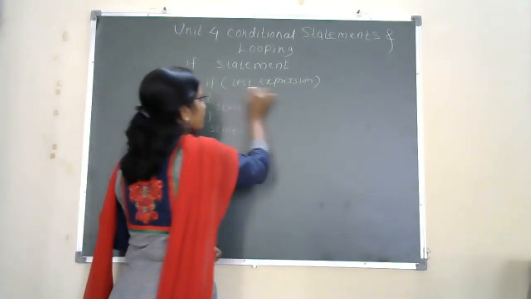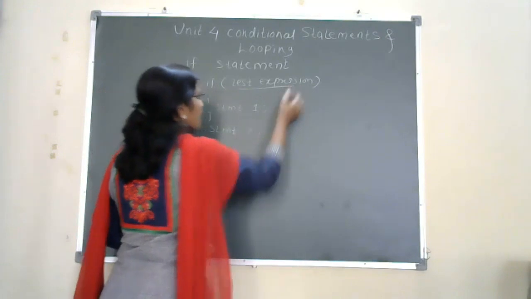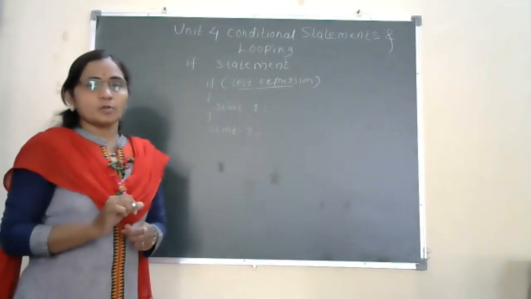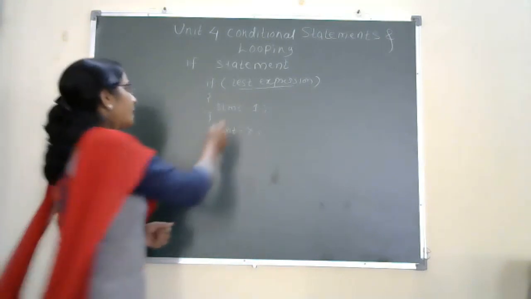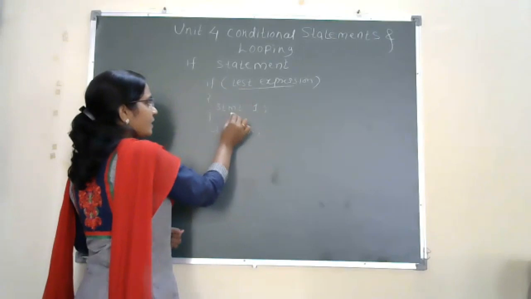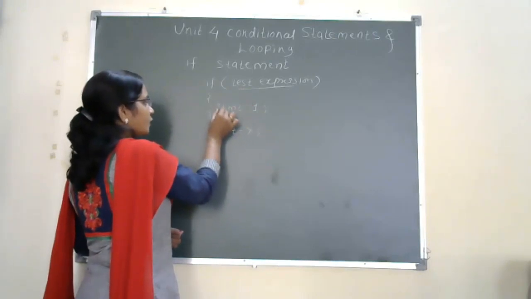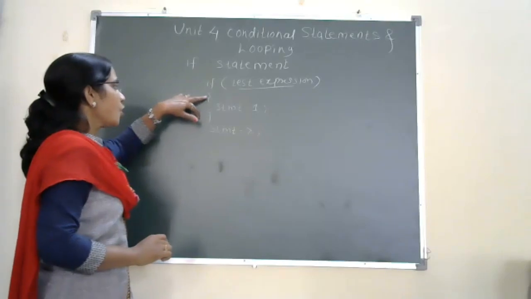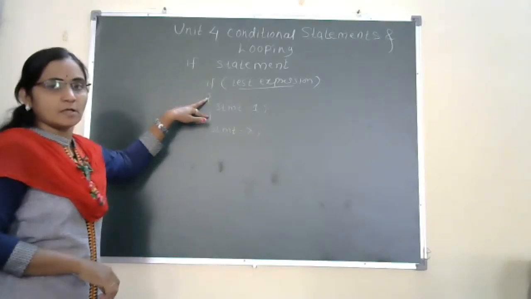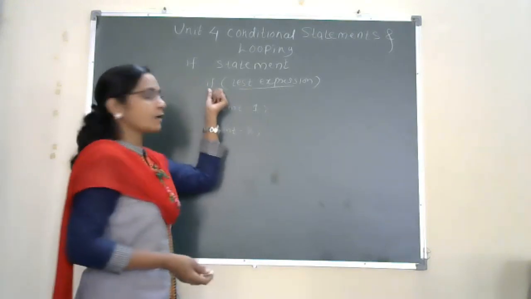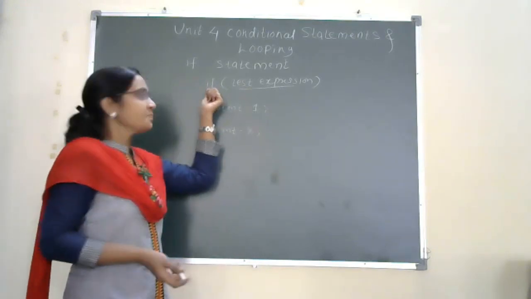The condition, or you can say the test expression, means the expression which you want to test, and depending on the condition, the particular action will be taken, and that action will be included within these two braces, the opening brace and the closing brace. So what happens after this if statement is encountered by the computer?